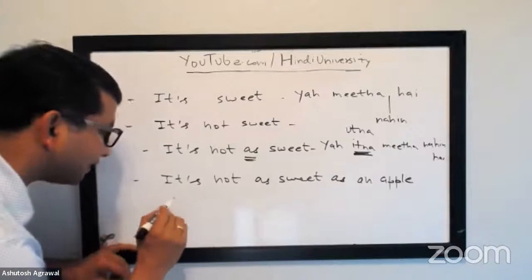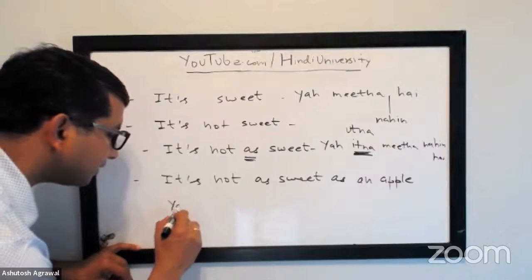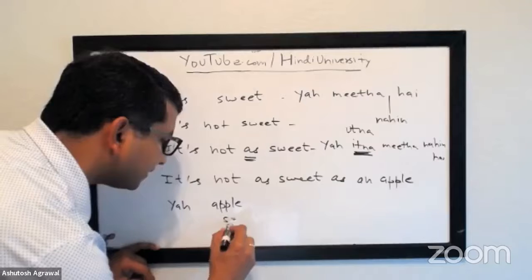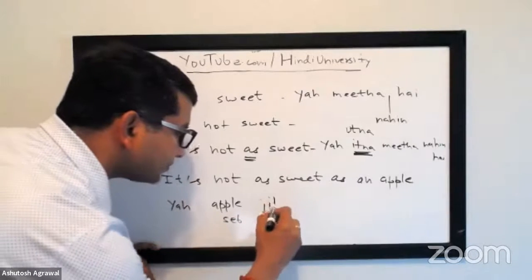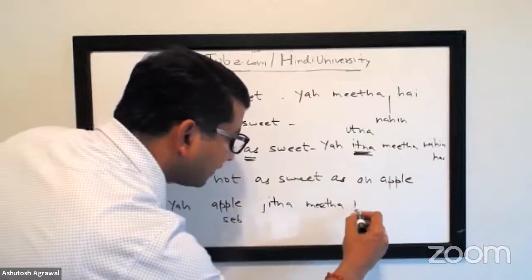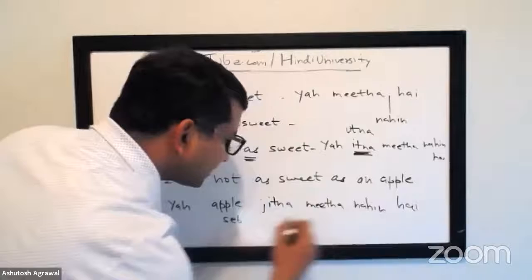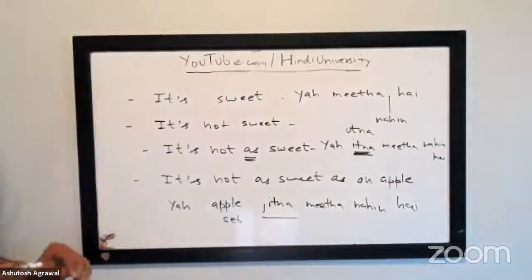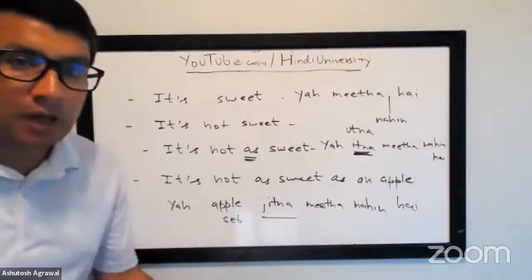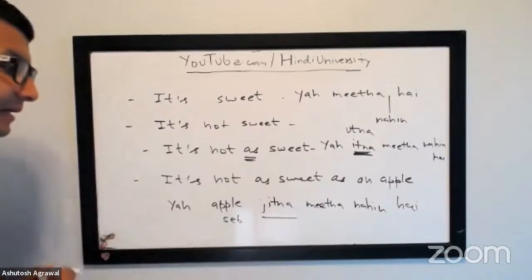If you want to say it standalone, you can say यह, or you said सेब, यह सेब जितना मीठा नहीं है. Wonderful. You ended up using the relative adjective for that. यह सेब जितना मीठा नहीं है.